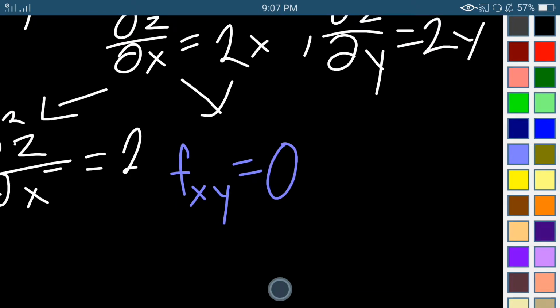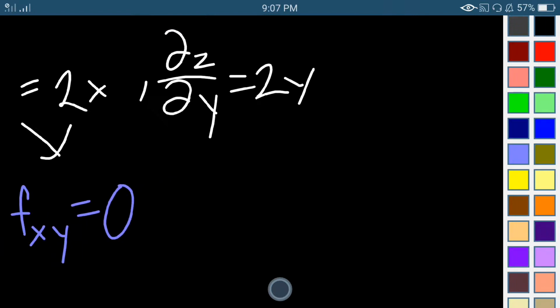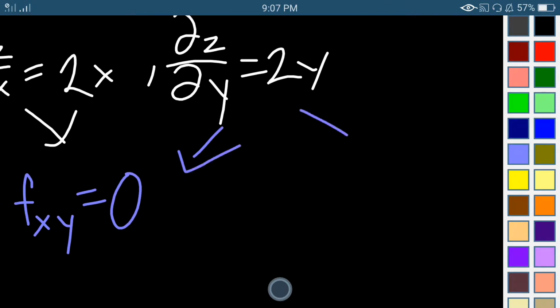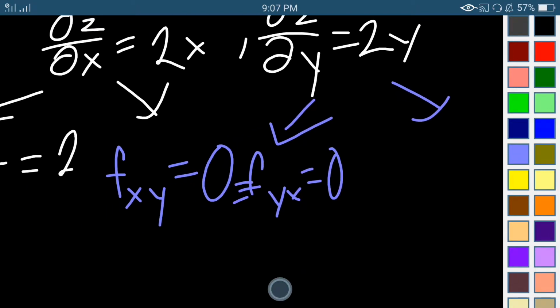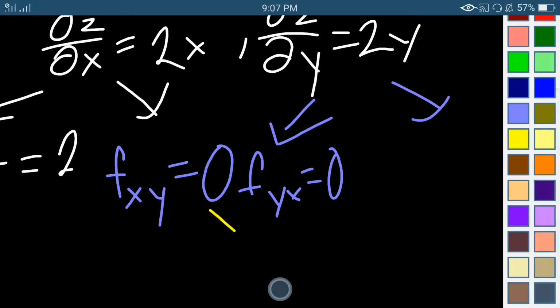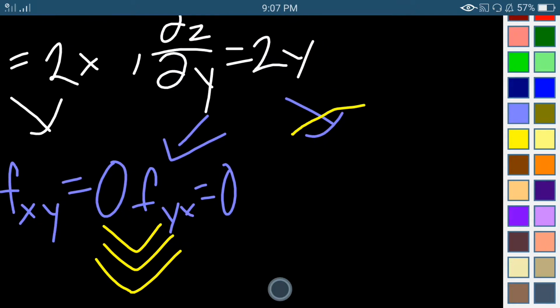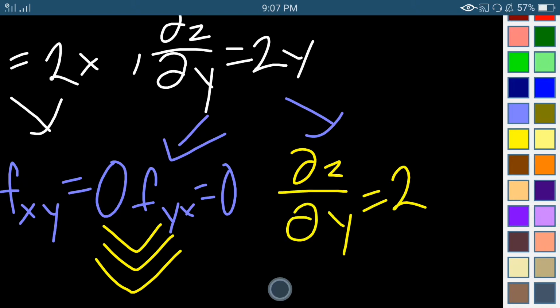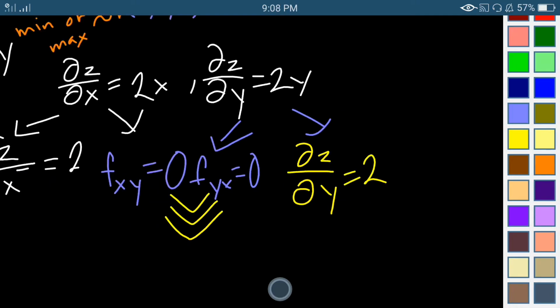So this thing is obviously 0, and again, f of yx is equal to 0 because these things are always equal. Then d squared z/dy squared is equal to 2.